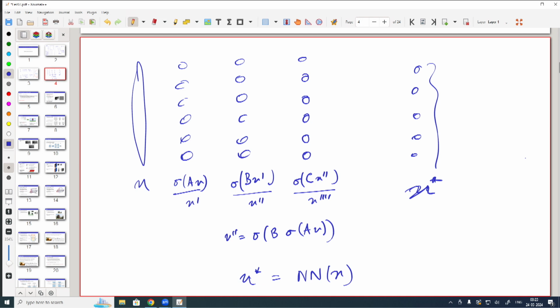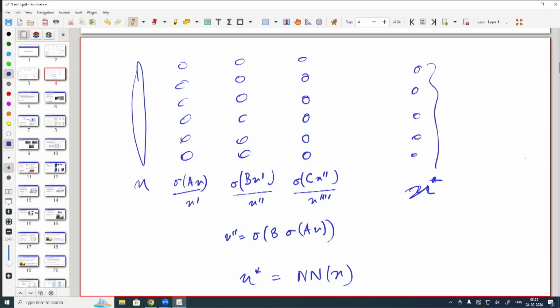The way we train the neural network is that we have a training data set of pairs of x and some target, let us call it y. I take a particular x and feed it to the current neural network, and it produces some x star.